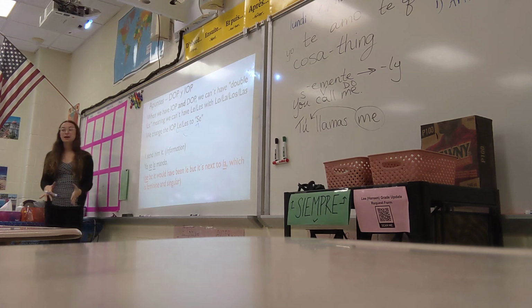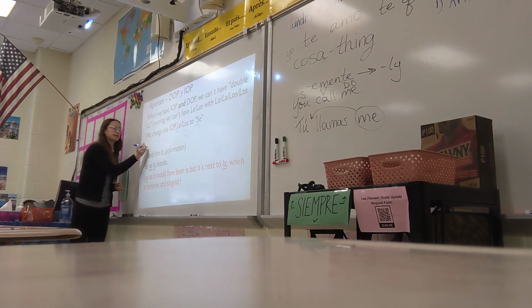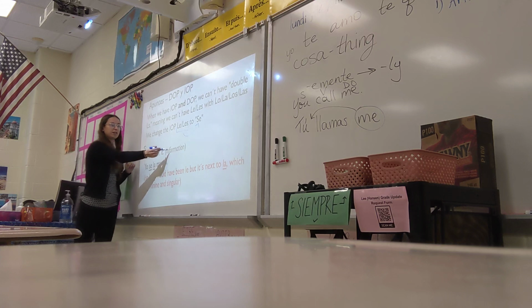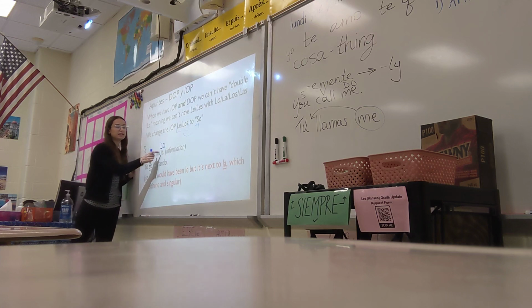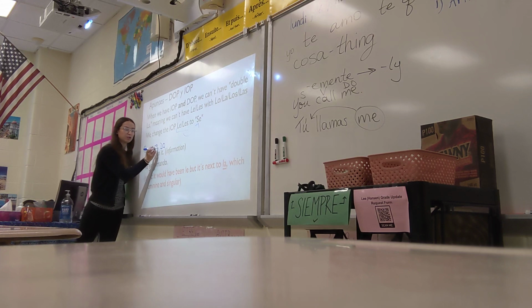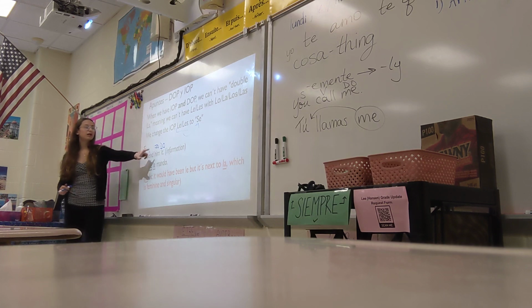So in an example, I send him it. Send is our verb. I am the subject. It, information, is what is being sent. That's the direct object. Him, he is receiving it. That's our indirect object. When I put this in a sentence, it would be yo, I. Now I want my indirect object pronoun.